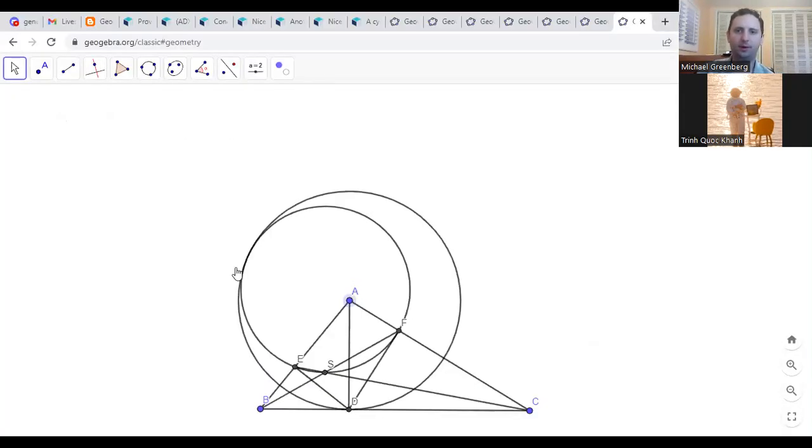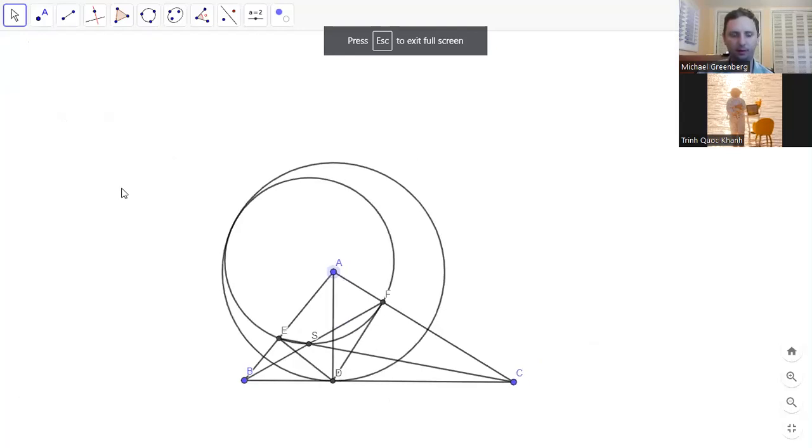Oh yeah, this problem, I forgot where I got it from, but it's kind of interesting. This problem actually looks a little bit easier too. So I'm going to write the problem statement.